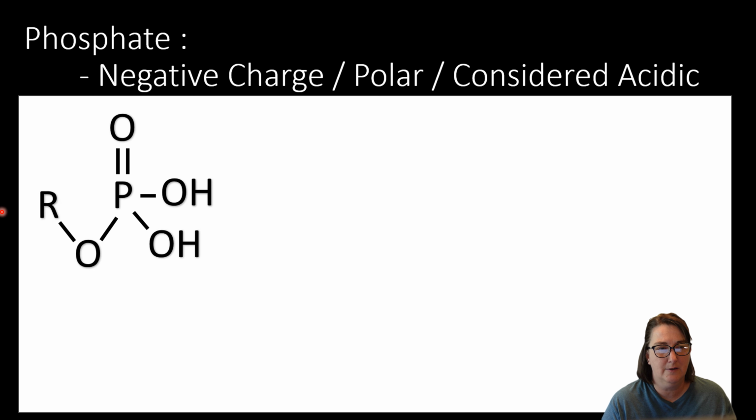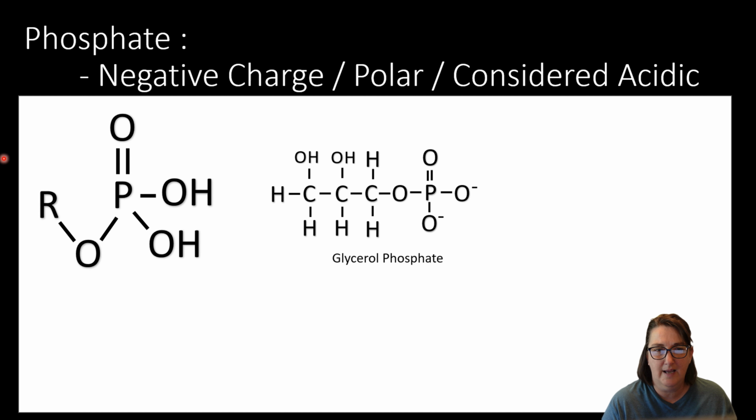So let's look at this. My R group is going to be attached to a carbon backbone, kind of off to the side of that carbon. So here's an example. This part here is my R group. All of this right here would be an R group. These R groups can change, but this part here is my phosphate group. I have my 4 oxygens: 1, 2, 3, 4.